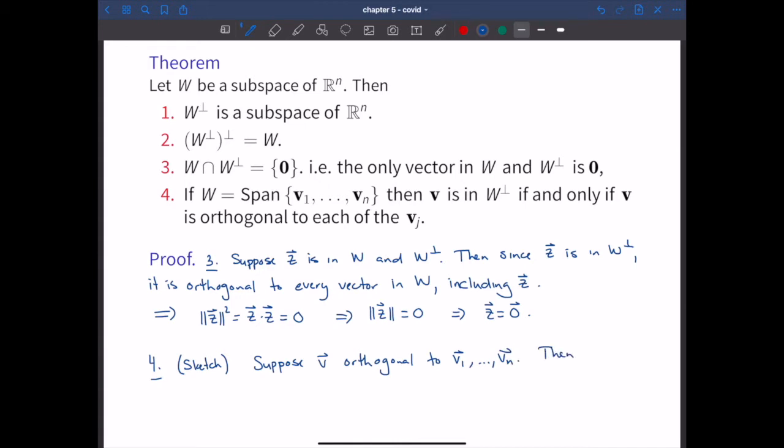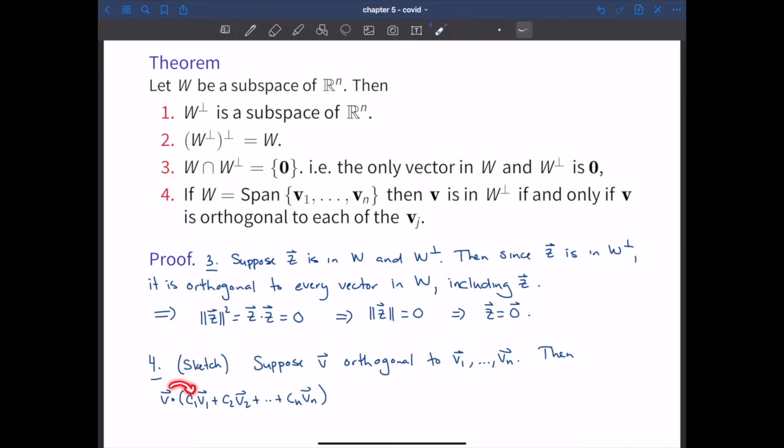Well then, if you pick some vector inside of W, say c1 v1 + c2 v2, all the way up to cn vn, we can show that the vector v has to be orthogonal to this vector by just taking the dot product.